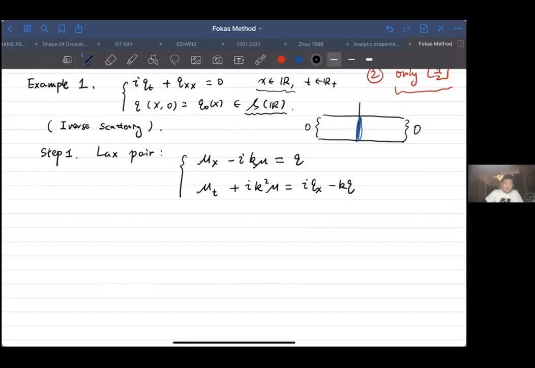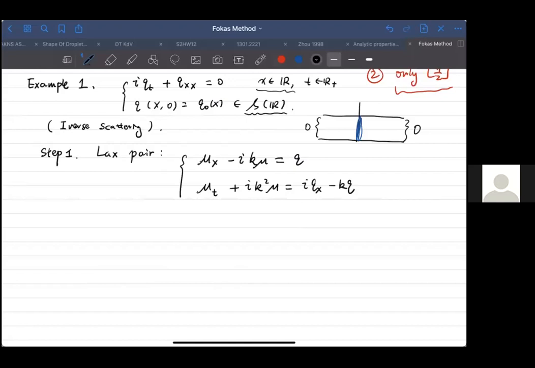Any question about the Lax pair? Or do I need to derive the Lax pair for you? There's a general way to find the Lax pair for the linear equation. I think this is the Lax pair posed by Fokas in 1997 in his first paper to raise the unified method, in JPA. I just checked the history anyway. Here, this Lax pair is not a real Lax pair, because it is non-homogeneous; if q is not there, it's not homogeneous.